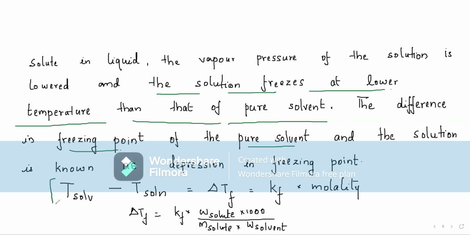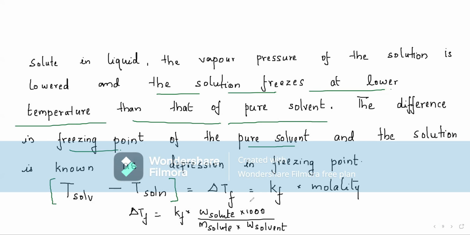Note this fact as well: delta TF is T of solvent minus T of solution, whereas delta TB was T of solution minus T of solvent.